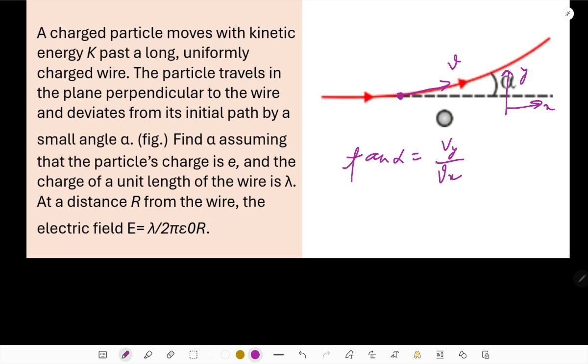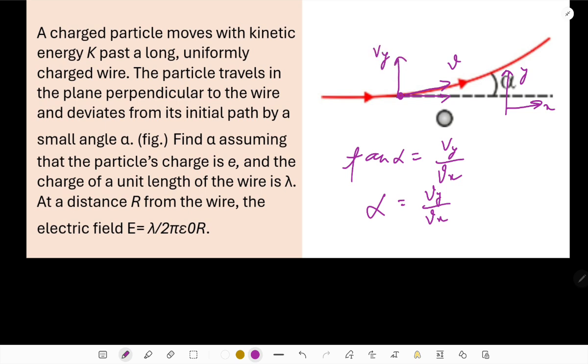And since alpha is quite small, I can approximate tan alpha as alpha, and write alpha is simply equal to vy upon vx. And it seems reasonable. So this charged particle has two components, vx and vy.